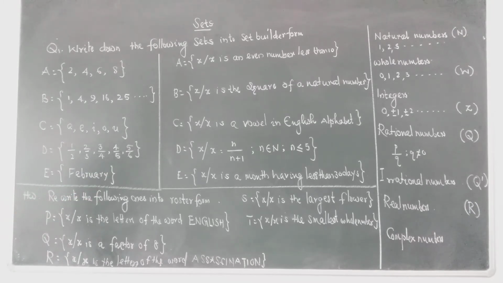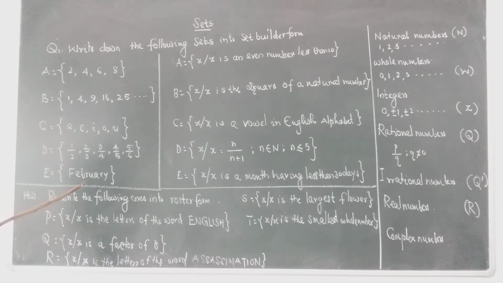That property we are going to write like this. D is equal to the set of x such that x is equal to n upon n plus 1, that is, n divided by n plus 1. Then we need to say what n is. n is a natural number, so we write n belongs to N. Are we taking all the natural numbers?